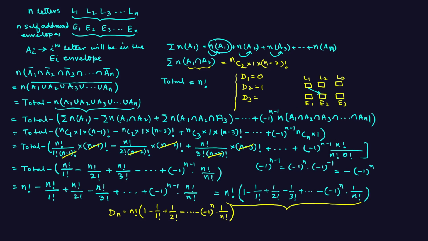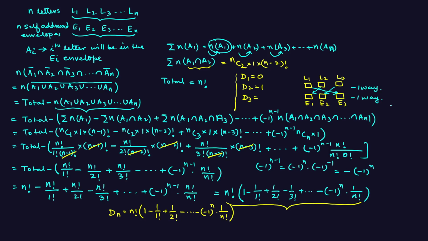If letter L1 is placed in E2, then your L2 can go in E3 and L3 can go in E1. This is one way. Yes or no? Now let us consider that your L1 is placed in E3. That is, your letter 1 is placed in envelope 3. Then your L2 will go in E1 and L3 will go in E2. That is another way.